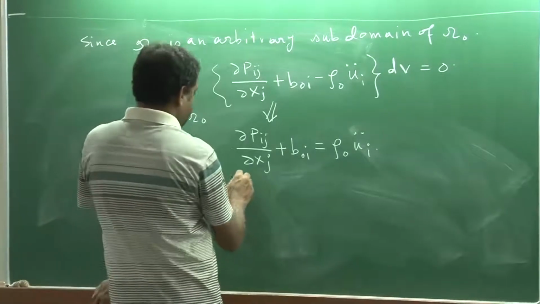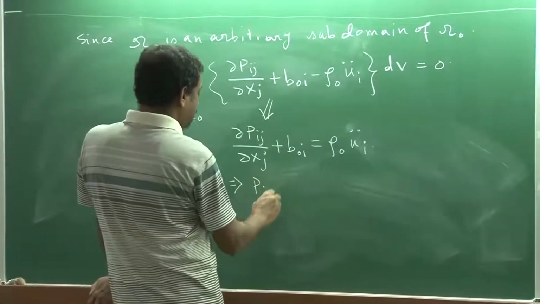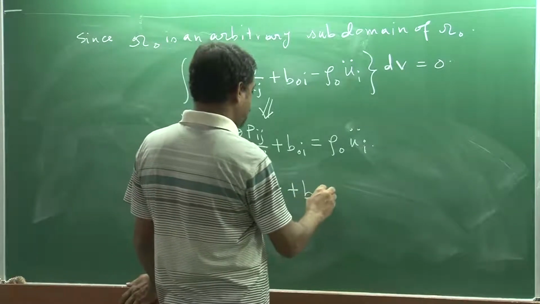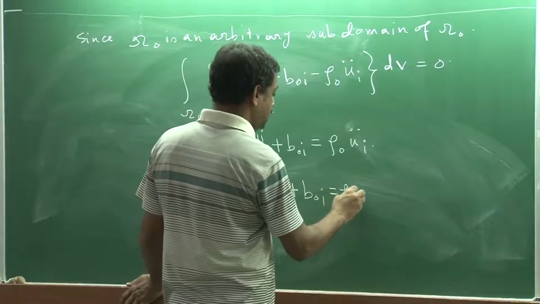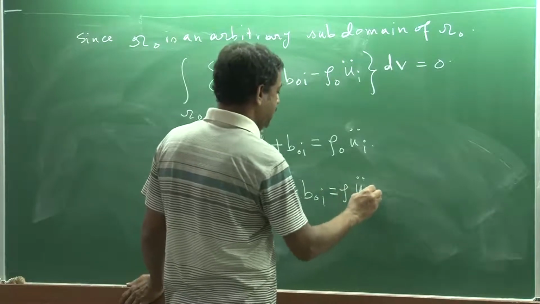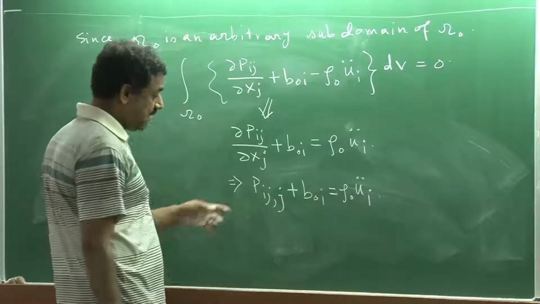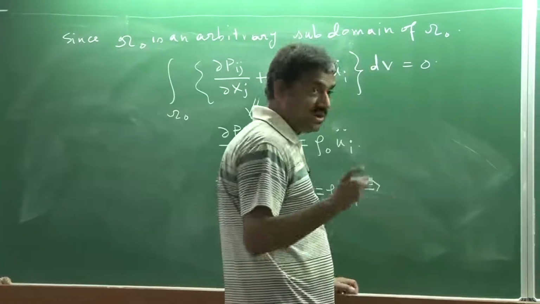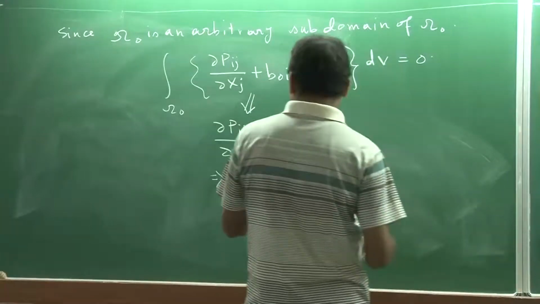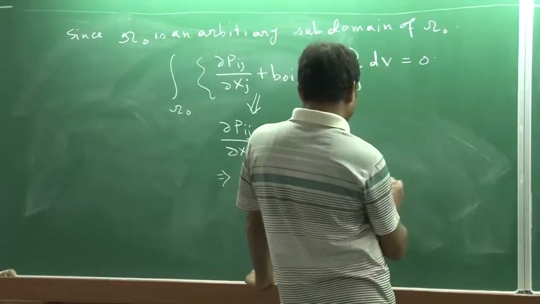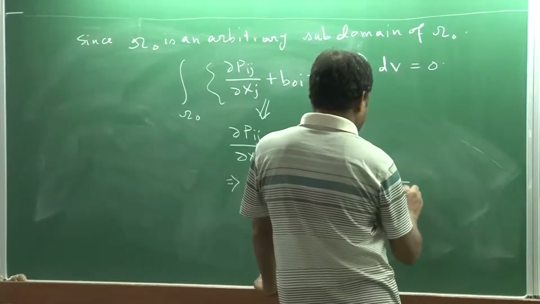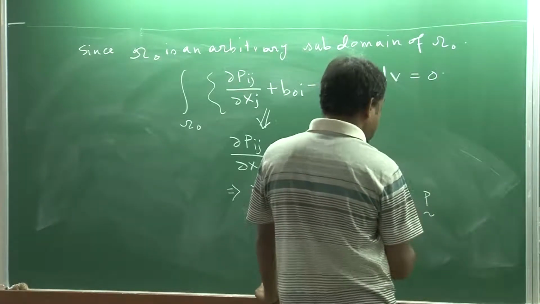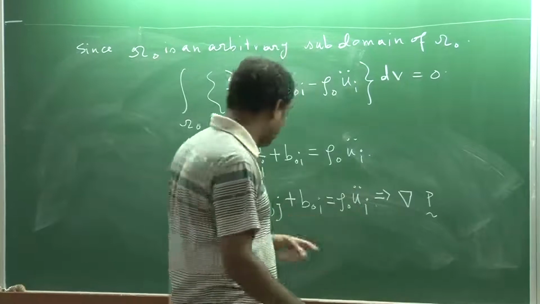So, for the Piola-Kirchhoff stress tensor, essentially the form is the same, P I j comma j plus b 0 I is equal to rho 0 u double dot I. Or if you would like to write this, this is indicial notation, in terms of vector or tensor notation, you see this is divergence of P, but the divergence with respect to the undeformed configuration X j.